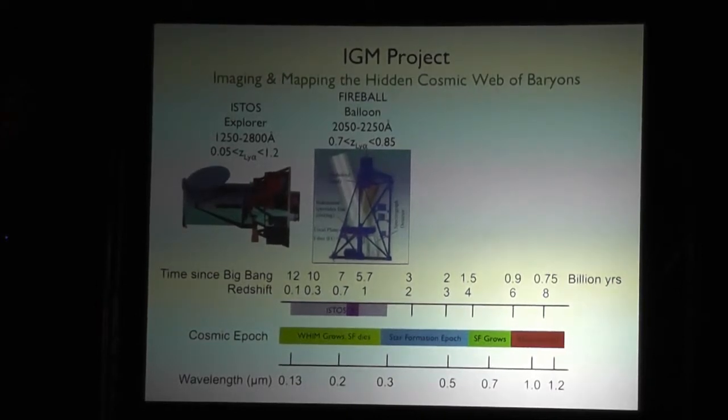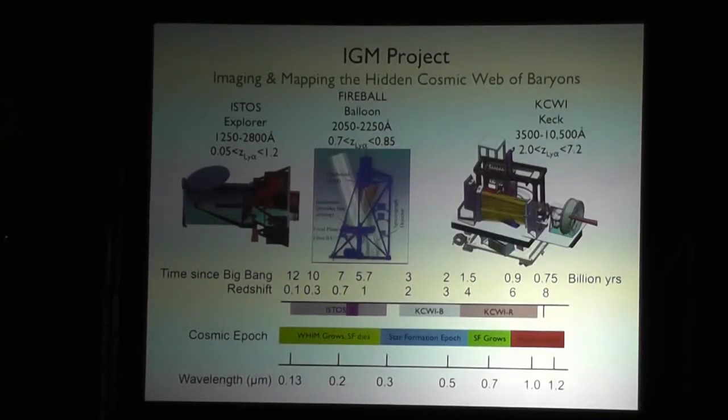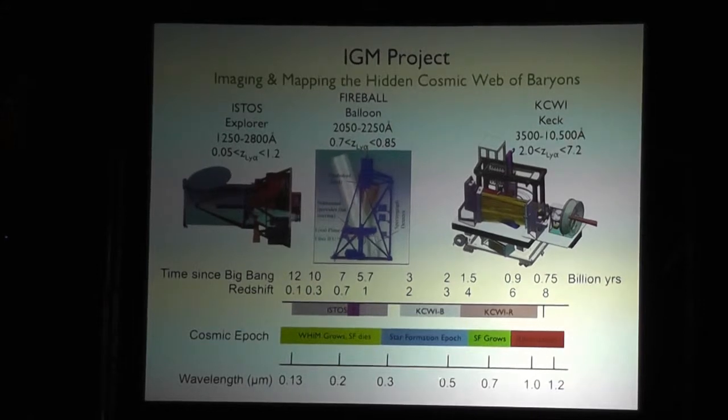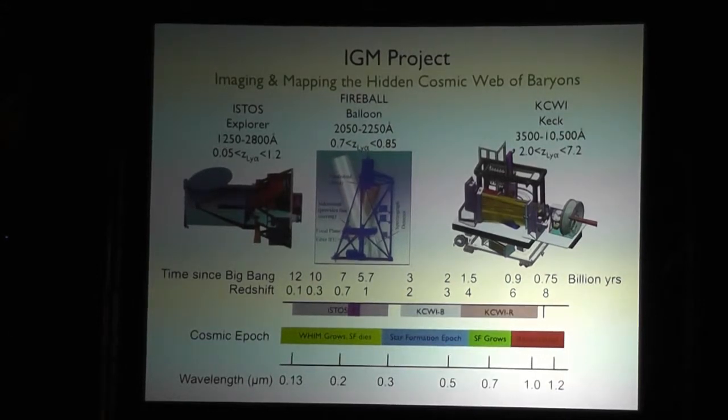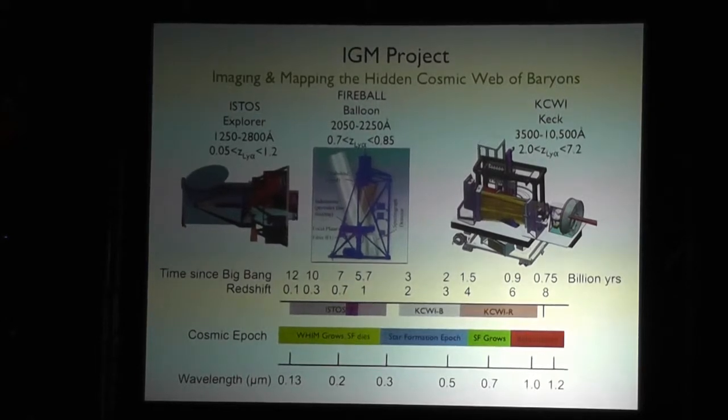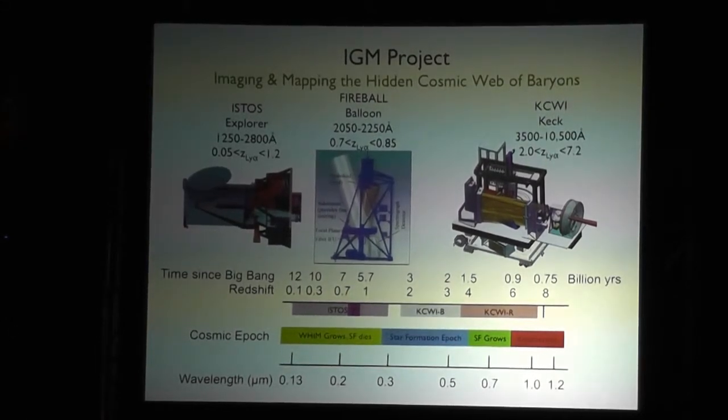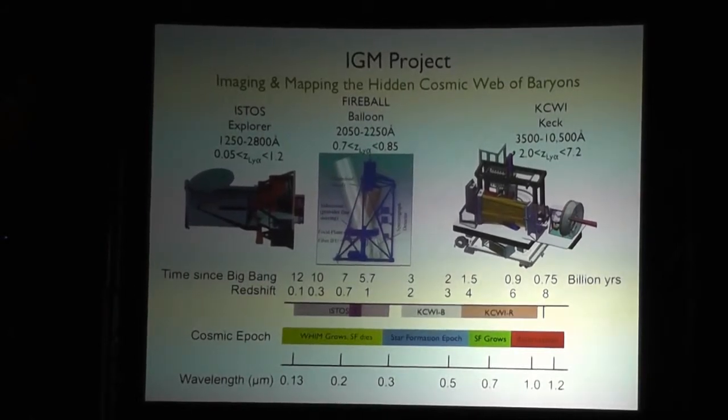But in order to look at the universe in the epoch of star formation, which I showed you before, we have to look at redshifted Lyman alpha that falls in the optical band all the way from 3,500 angstroms out to 10,000 angstroms. And for that, we need an optical instrument designed specifically to do this job, and that's CWI, the Keck Cosmic Wave Imager.